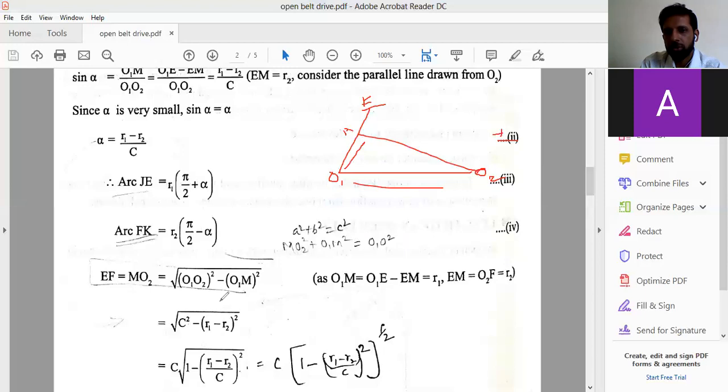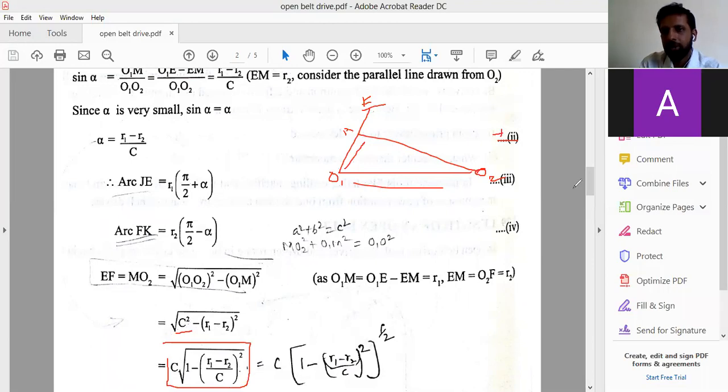And then O1O2 is nothing but the center distance C. O1M can be written, as we have just seen, as R1 minus R2. Thereby we get square root of C square minus (R1 minus R2) the whole square. Now if you expand this, taking C out, we get C into square root of 1 minus (R1 minus R2) divided by C, the whole square.